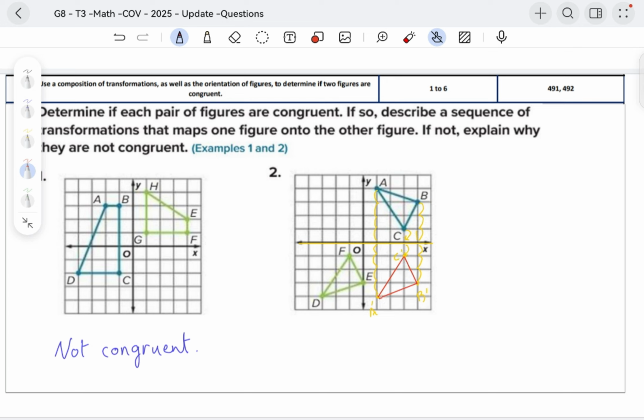After the reflection, we have a translation. We translated the figure 1, 2, 3, 4 units to the left. Also, you can check for point B, 1, 2, 3, 4. For point A, 1, 2, 3, 4 units to the left. So we can say that, yes, they are congruent.